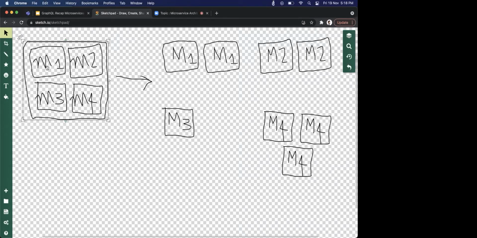M1 is a piece of code responsible for login, M2 is responsible for the transactions maybe, M3 is responsible for sending promotions, and M4 is responsible for creating account statements.